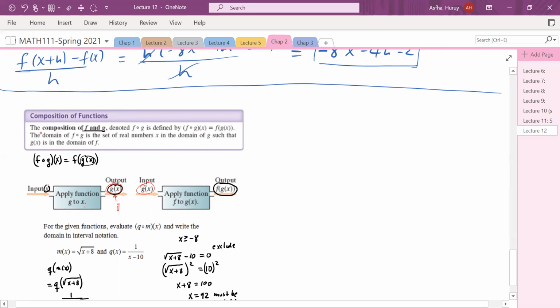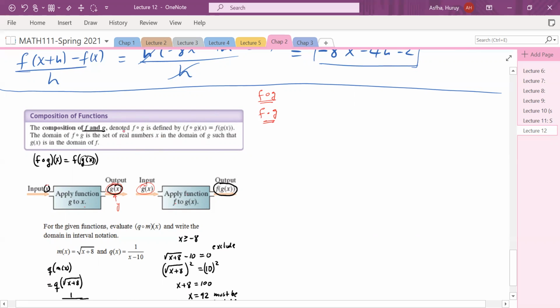So coming back to the formal definition, the composition of f and g is denoted by f circle g, f o g. There is a difference between this f o g and the one we had earlier. So this is the product and this is the composition. This o means of.